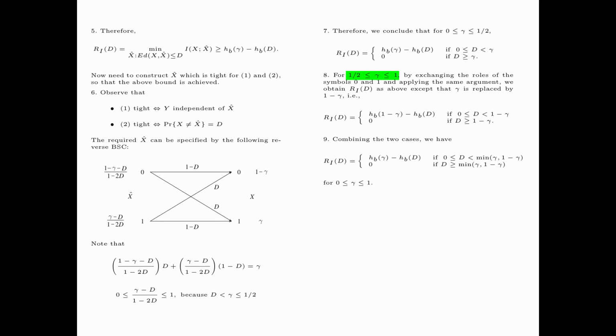For gamma between 1/2 and 1, the minimum of gamma and 1 minus gamma is 1 minus gamma, which is exactly the same as the bound we obtained in step 8. In addition, we notice that h_b(gamma) is simply h_b(1 minus gamma), and so we have verified the case for gamma between 1/2 and 1.